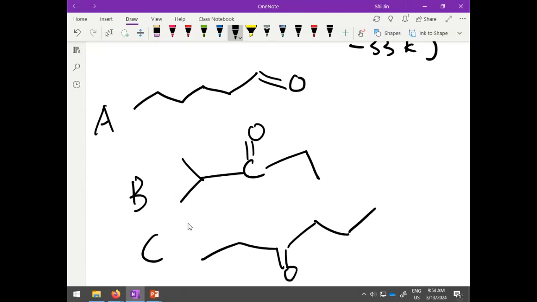B and C are both ketones, but B has a bit larger steric hindrance. It's not guesswork. The electronic effect of B and C is the same, but for the steric effect, B is a bit larger. So B has the smallest hydration.